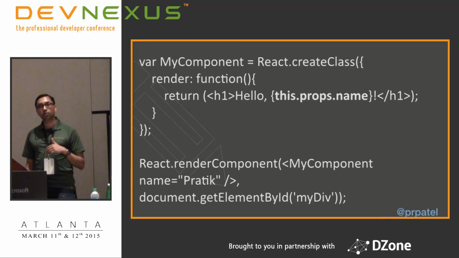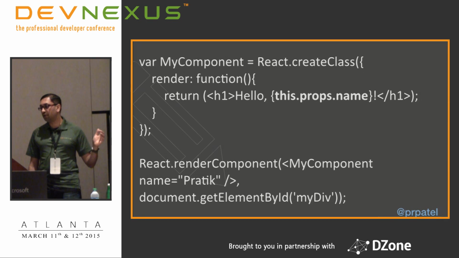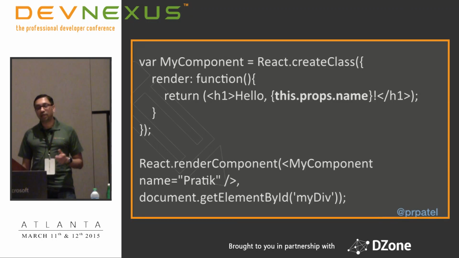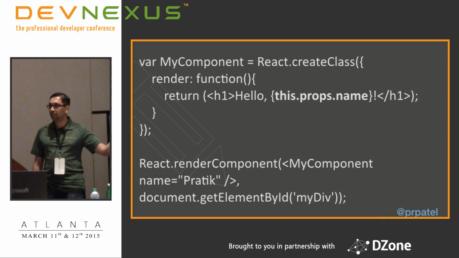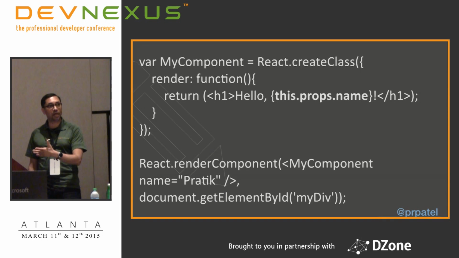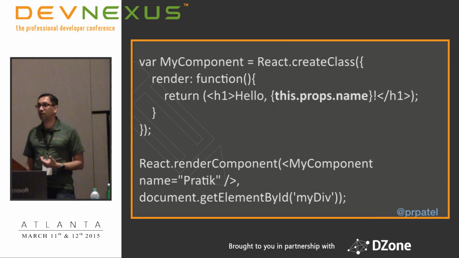So what we can do is we can pass in some properties when we first create a component, right? So you can see at the bottom I have React render component. Again, there's my component, and then you can see I have name equals Pratik there. Okay, so that's how I pass in some data when I need to do something inside of a component, right?